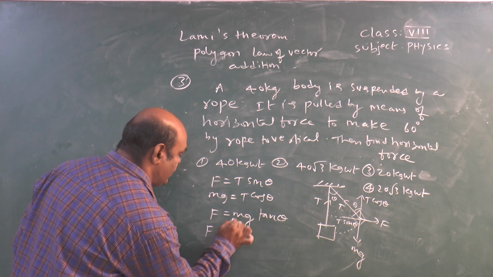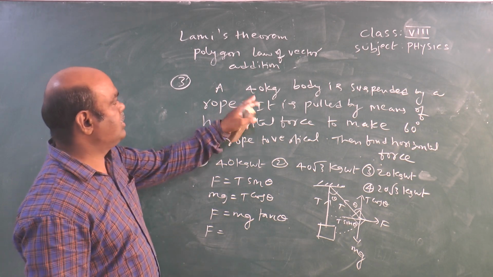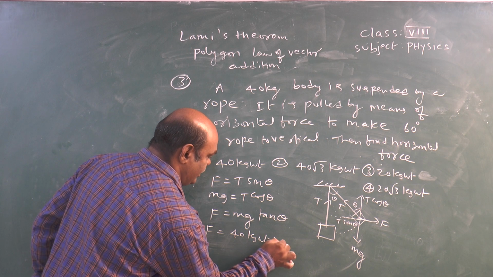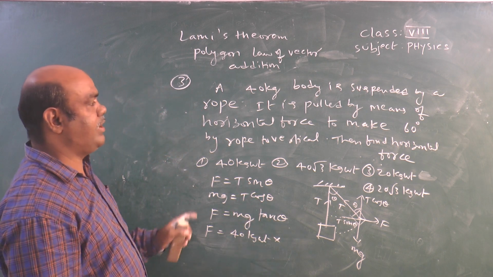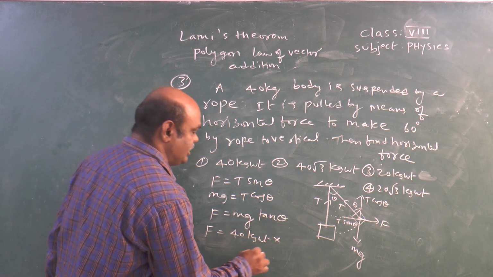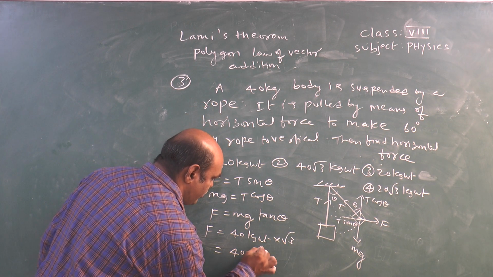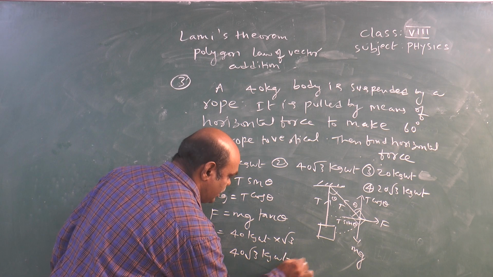So here F equals mg. 40 kg given, so 40 kg weight into theta value 60 degree, tan 60 degree is root 3. So our answer is 40 root 3 kg weight.